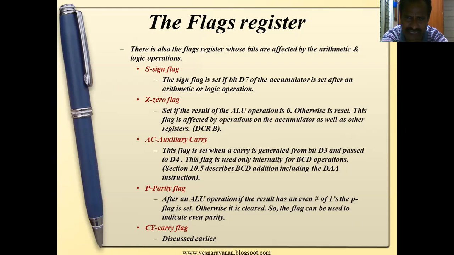In other words, whatever the D7 of the accumulator is, it is the sign flag. Zero flag: this flag is set if the result of the ALU operation is 0, otherwise it is reset. This flag is affected by operations on the accumulator as well as other registers.